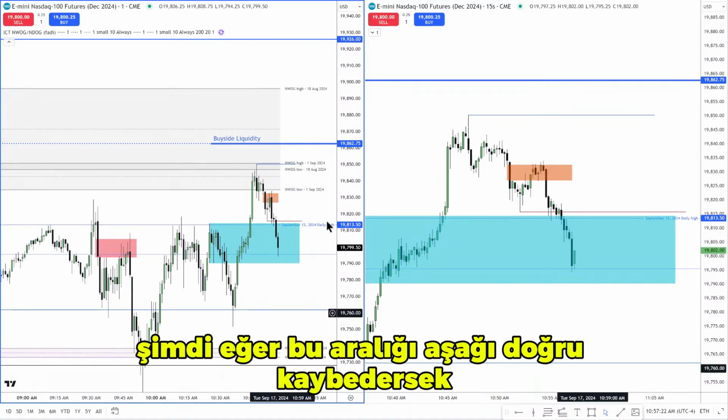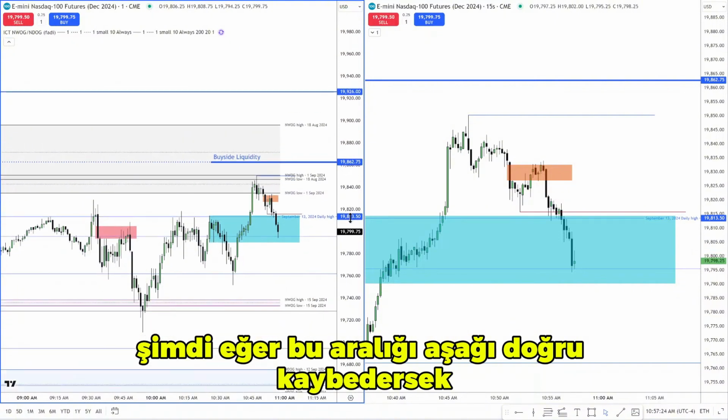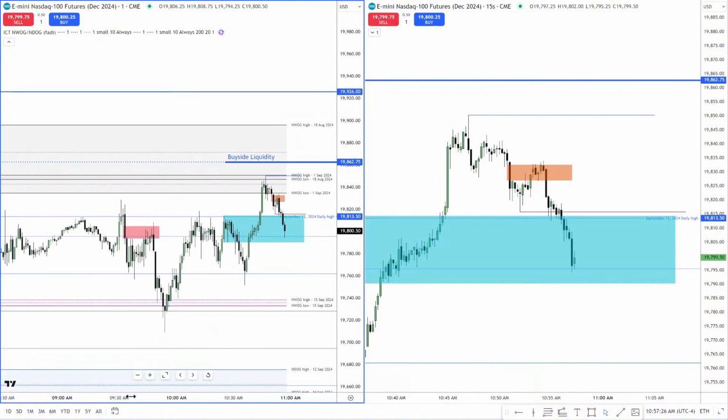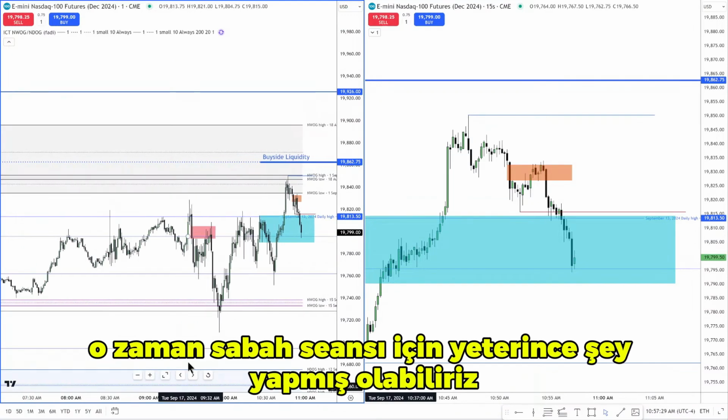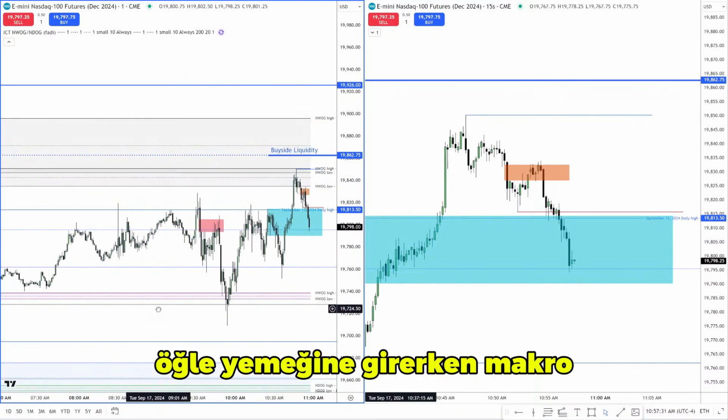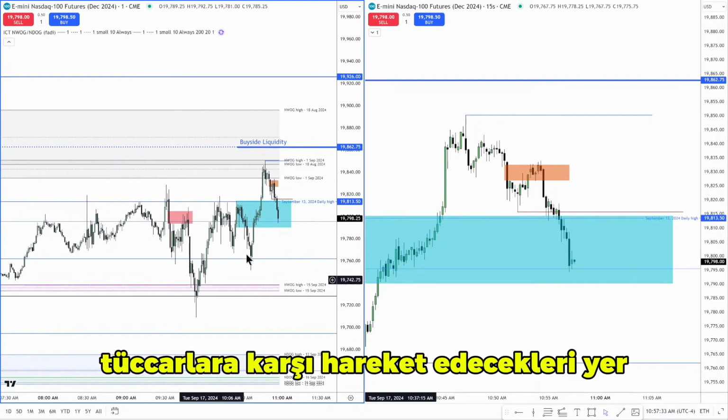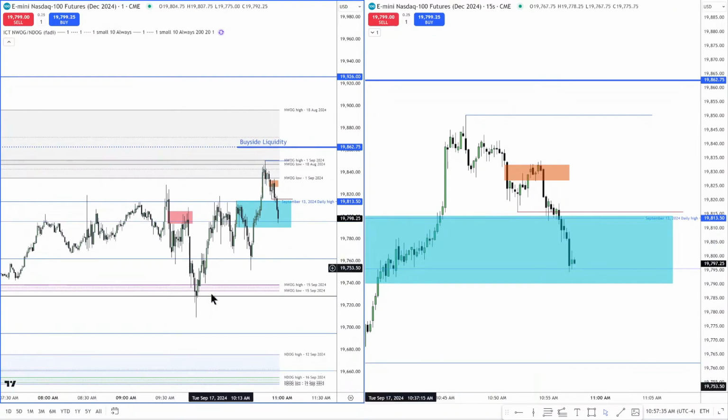Now, if we lose this range to the downside, then we may have done enough for the morning session going into the lunch macro, where they'll move against the traders that have been long.